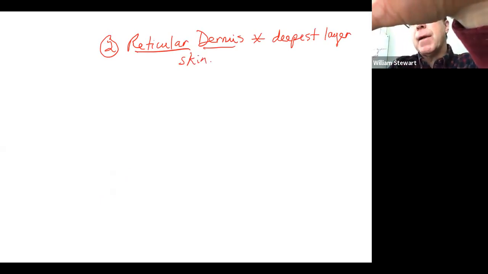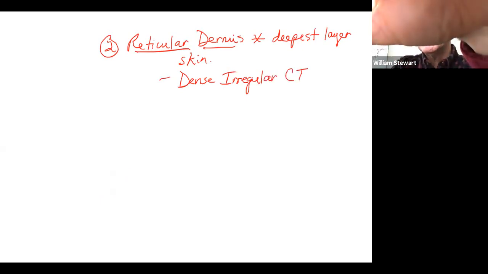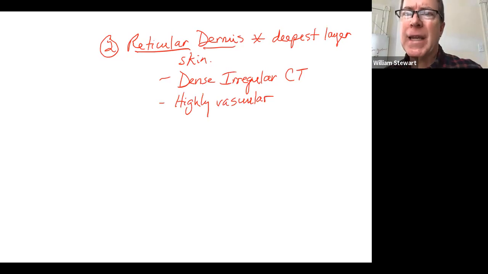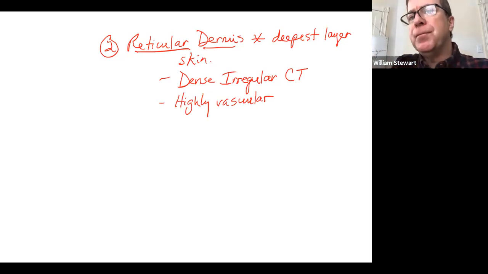It is made predominantly of dense, irregular connective tissue. It's also highly vascularized. It really helps knit and anchor our skin to the deeper connective tissue below it.